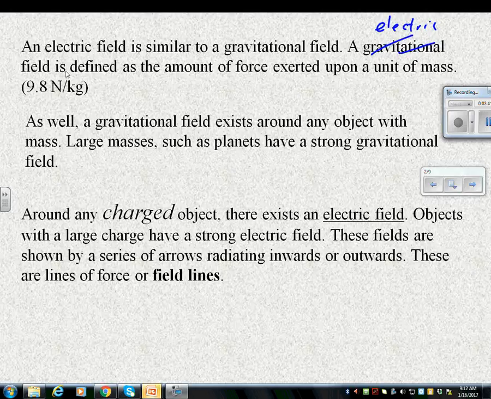I'll give you a hint. You only have to change one word. Where would I put charge in for? Yeah, exactly. Electric field is defined as the amount of force exerted upon a unit of charge.